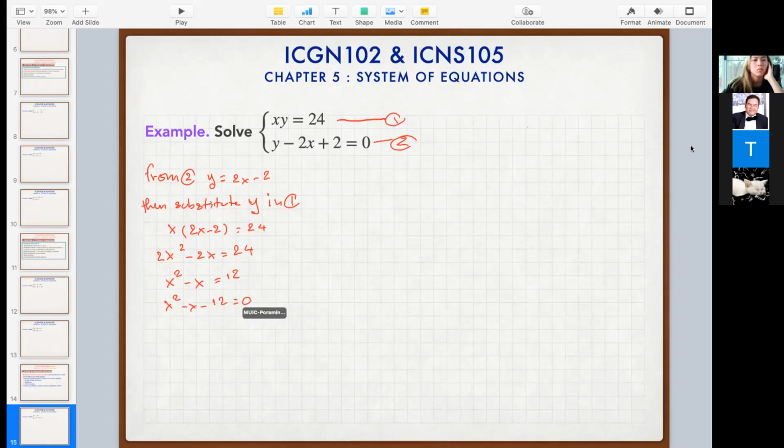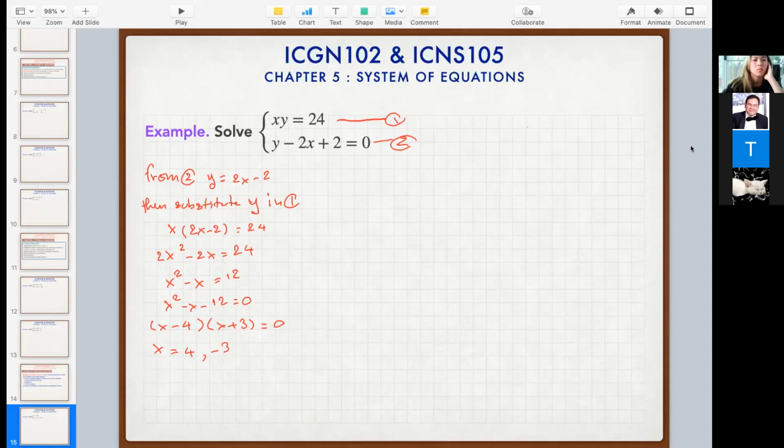And then you do the factorization. You get (x minus 4) times (x plus 3) equals 0. Right. In this one, we get x that is either 4 or negative 3. That is the answer.